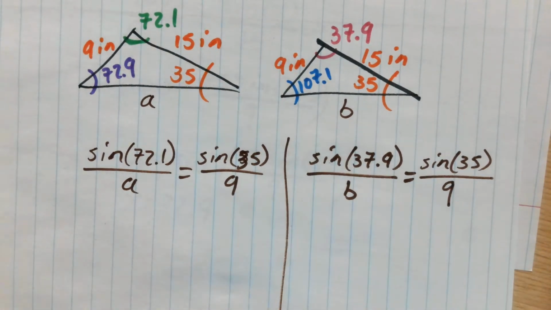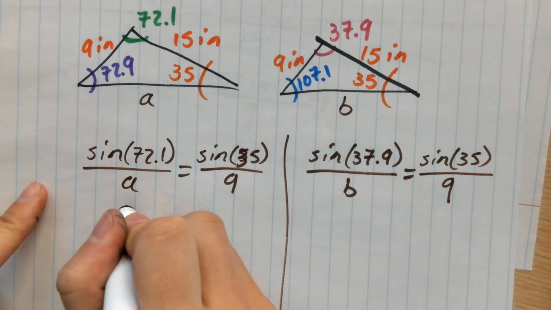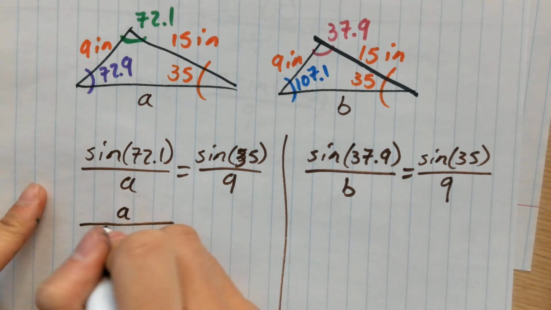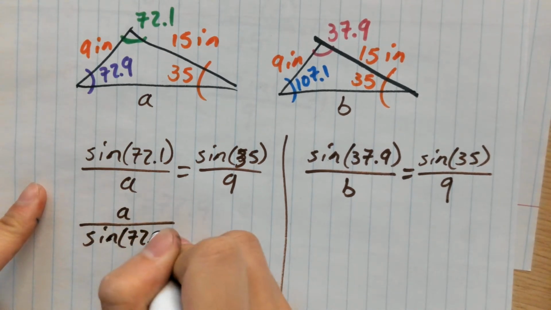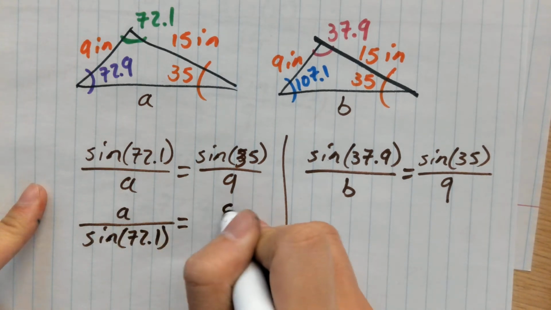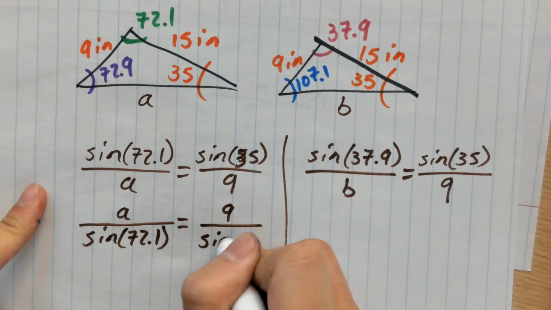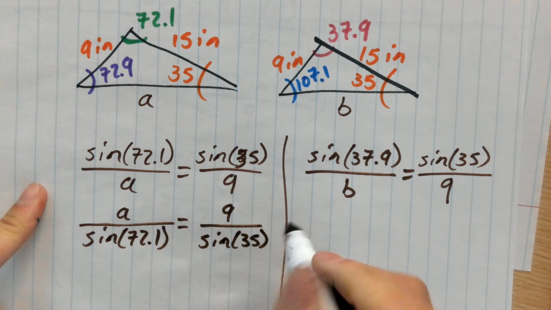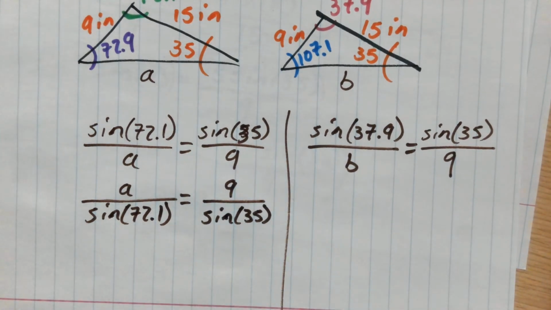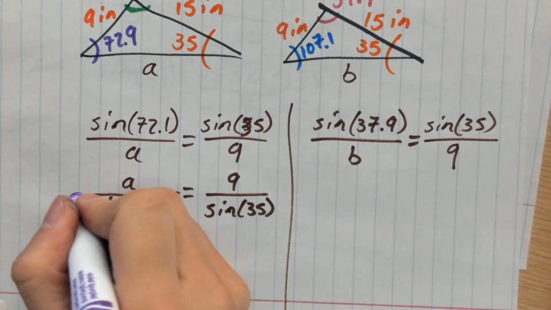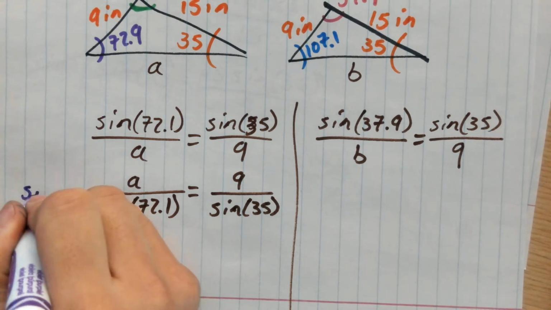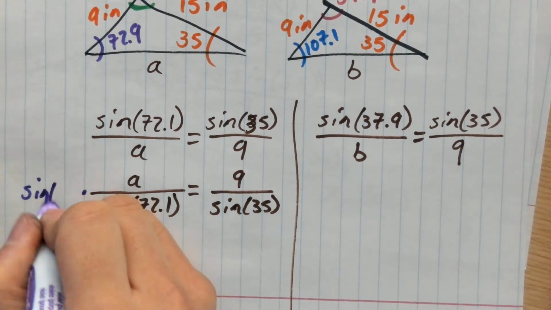Let's find A. I'm just going to flip both sides to put A on top. So I get A over sine of 72.1 equals 9 over sine of 35. Then to leave A by itself, I'm going to multiply both sides by sine of 72.1.